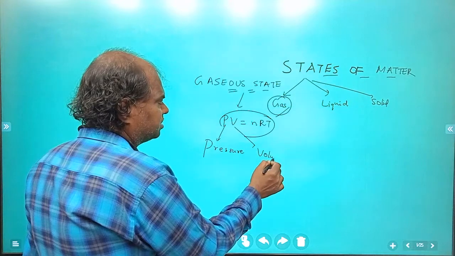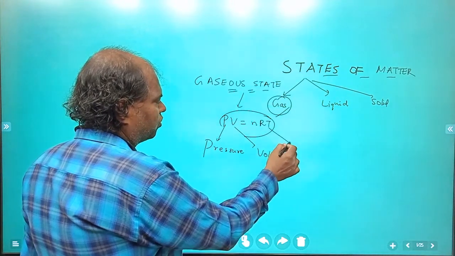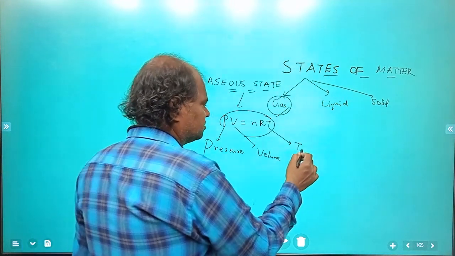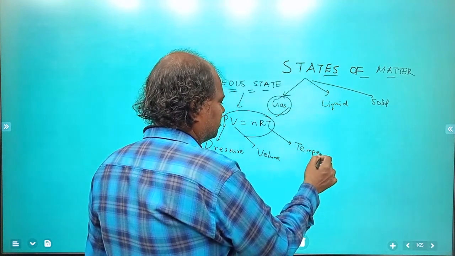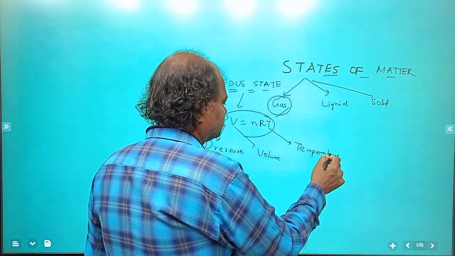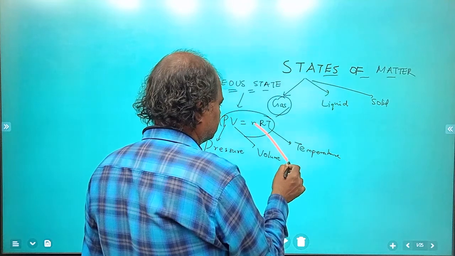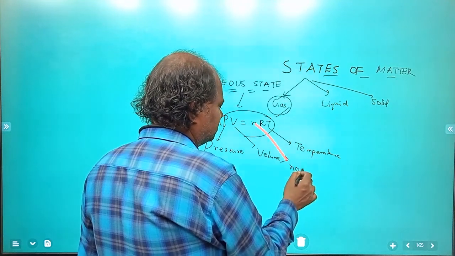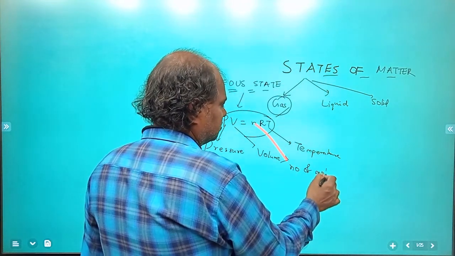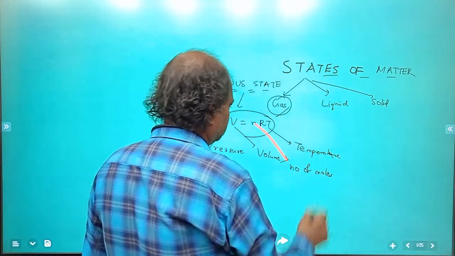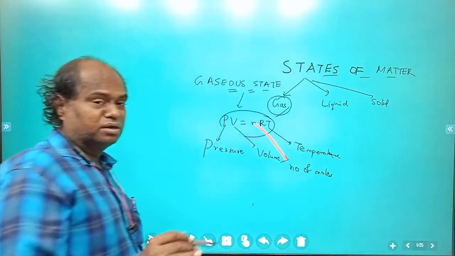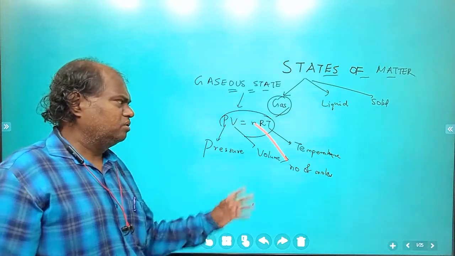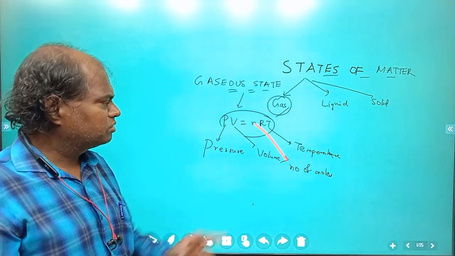So you can have a relationship between these four actually. Pressure, volume, temperature, right? This is the temperature. And n is the number of moles. So what is n? Number of moles, right? Very important: pressure, volume, temperature, number of moles.